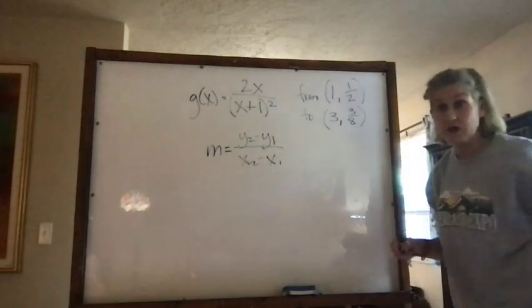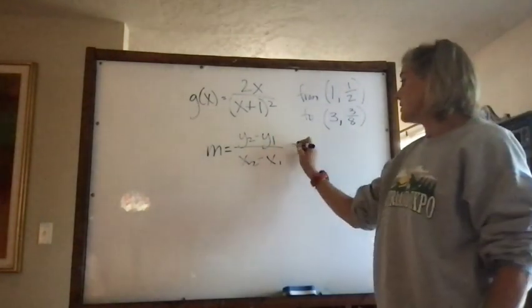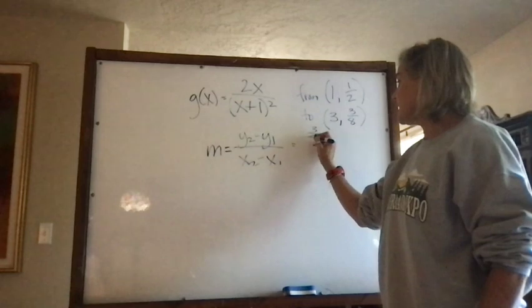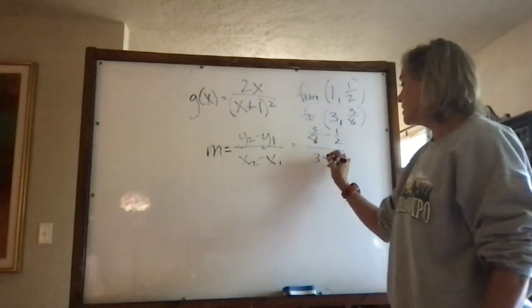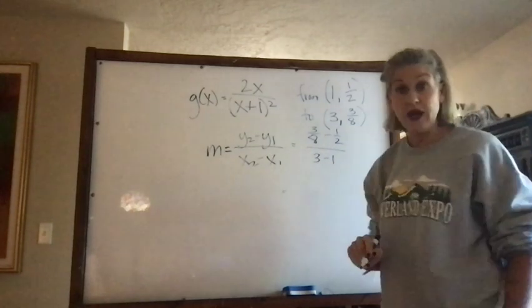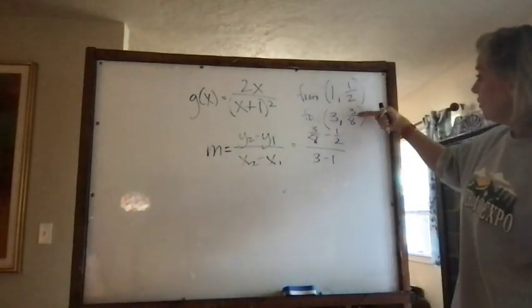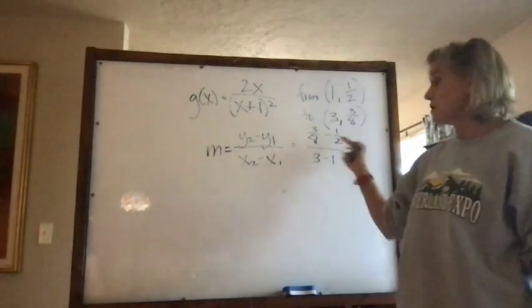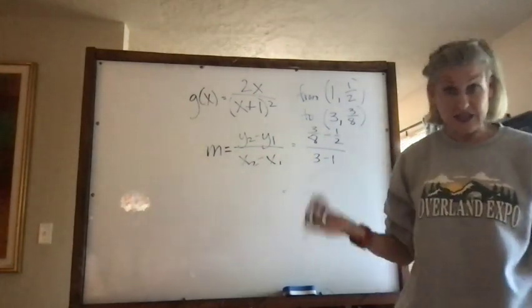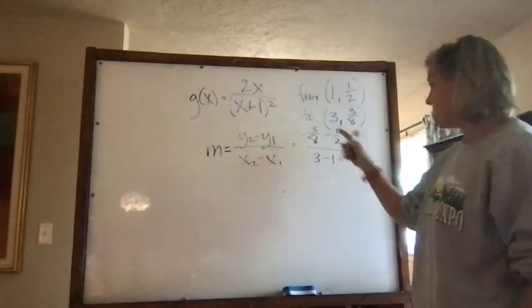I'm going to use my formula for slope. So let's do 3/8 minus 1/2 over 3 minus 1. y2 minus y1 over x2 minus x1. Okay, when you're subtracting fractions, you either need to get a calculator or a common denominator.